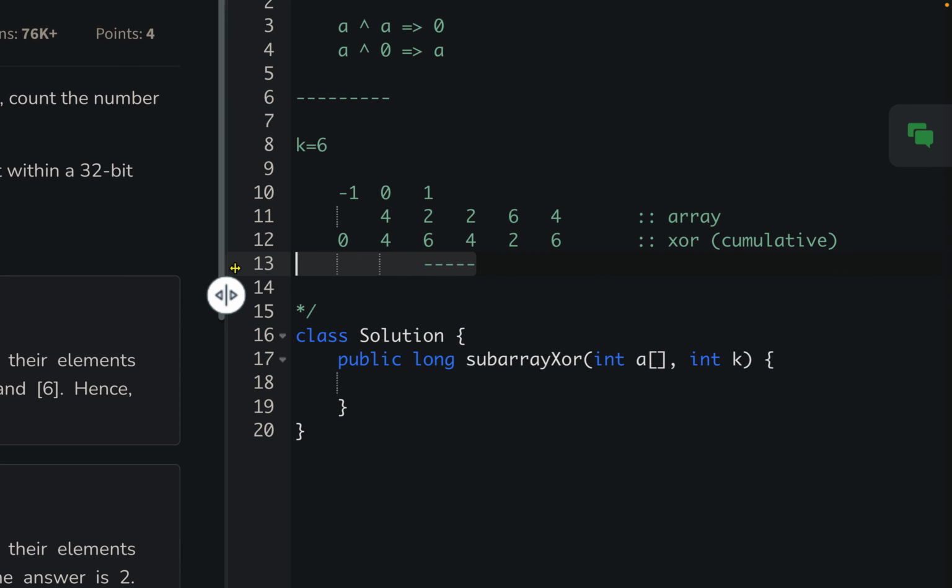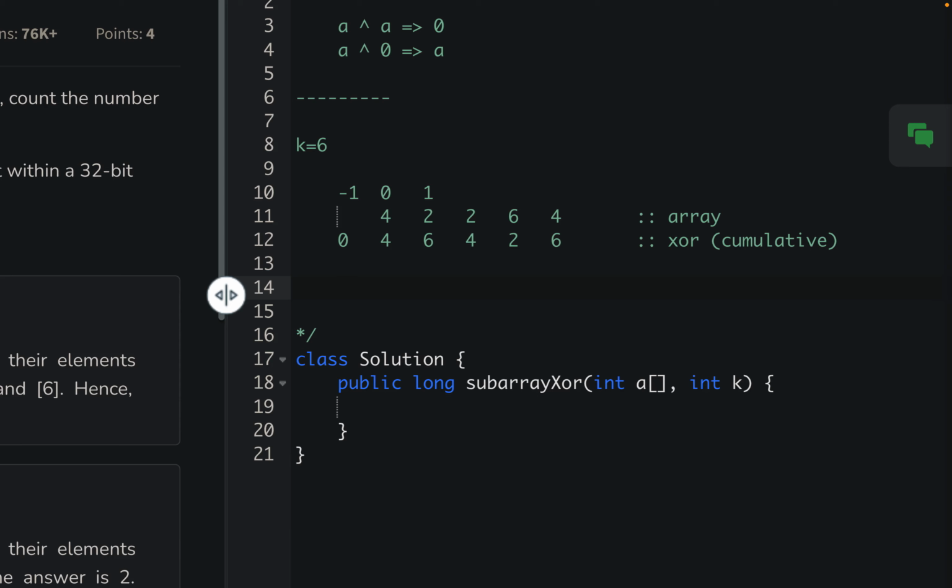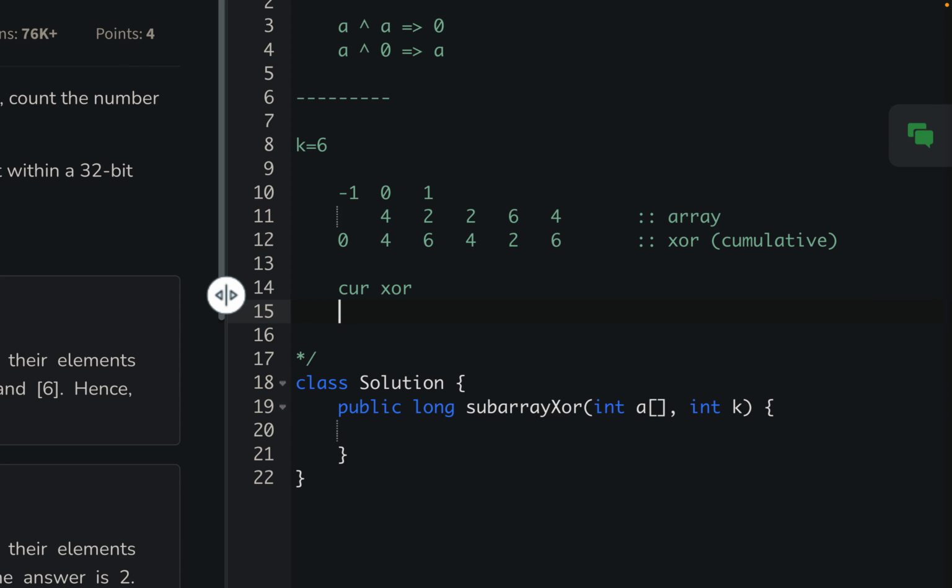So can I use this to my benefit? Obviously. Let's start. What I'll do over here is two things. I'll first find the current XOR, and then what I should look for.